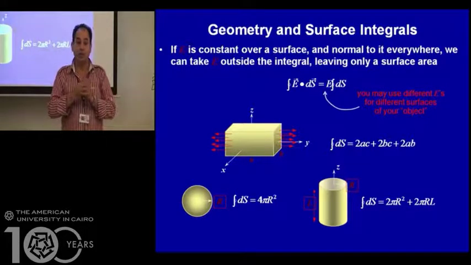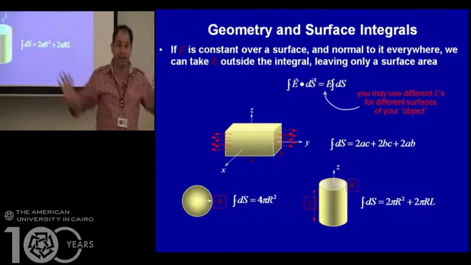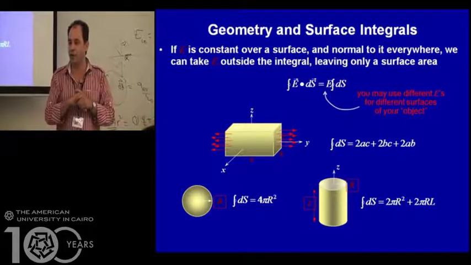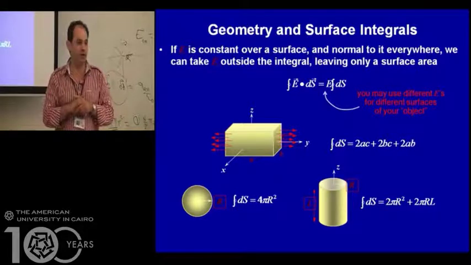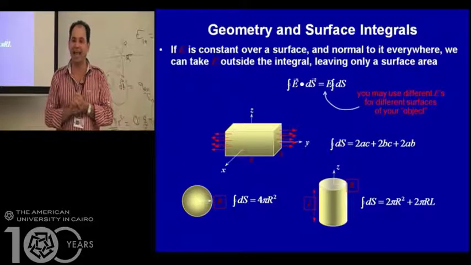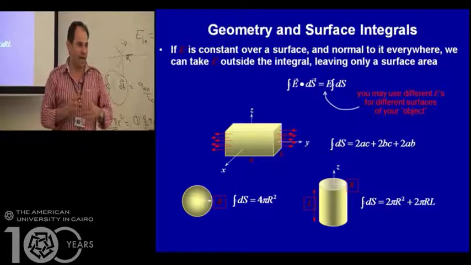But what happens if this is a conducting cube: aluminum, iron, copper, whatever, and all of us are electrons, all positive charges, and they put us inside that room?